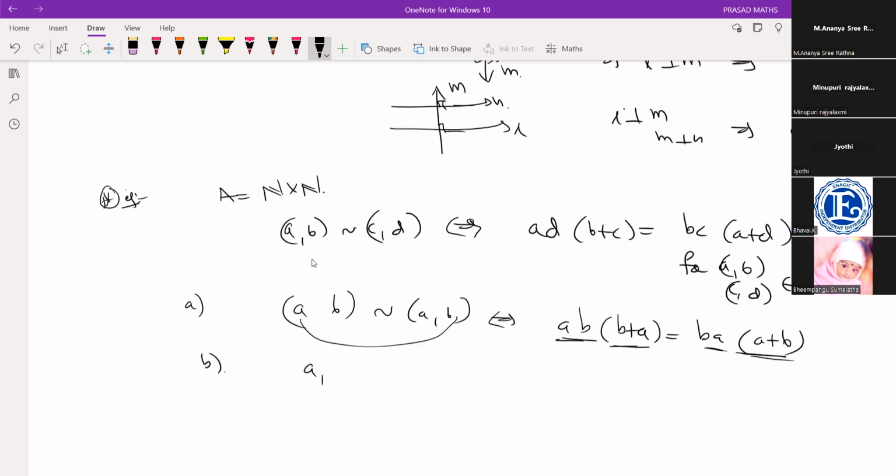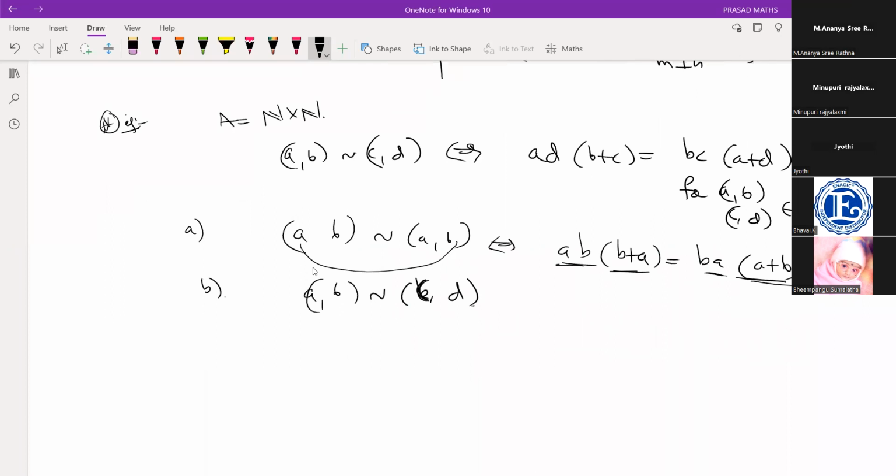Question: is it symmetric? Yes, sir. Check. Whenever (a, b) is related to (c, d), ad(b + c) = bc(a + d).